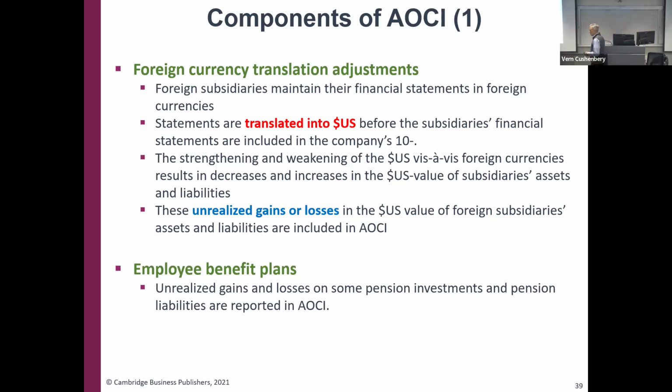Well, FASB says that there are areas of accounting that are so volatile, they would otherwise distort the income statement to such a degree as to make it useless. So they created a whole other category of profits and losses, income, that they call other accumulated comprehensive income.